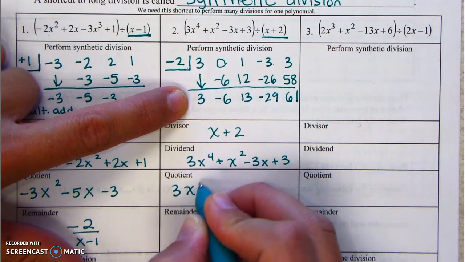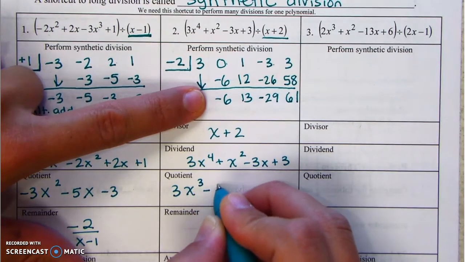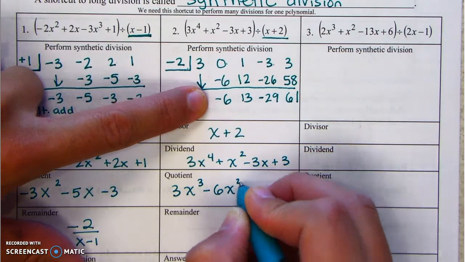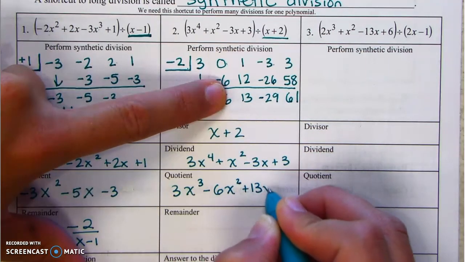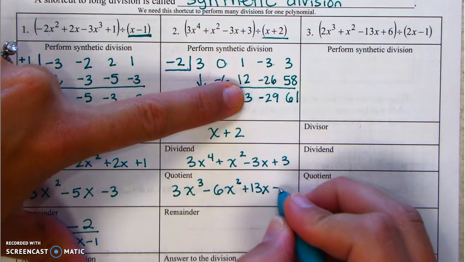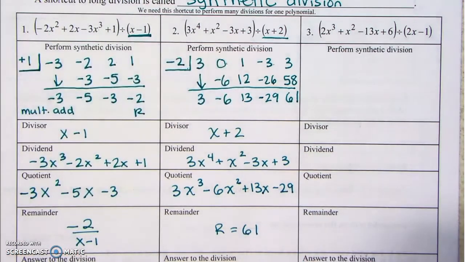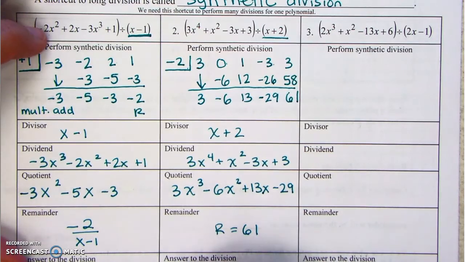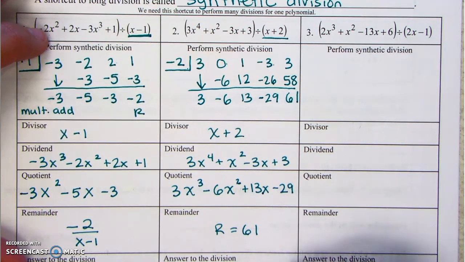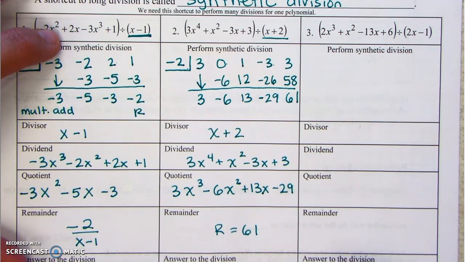So we have 3x cubed minus 6x squared plus 13x, and our constant is negative 29. Our remainder was 61. So the final answer is the quotient with the remainder over the divisor, plus 61 over the divisor, x plus 2.